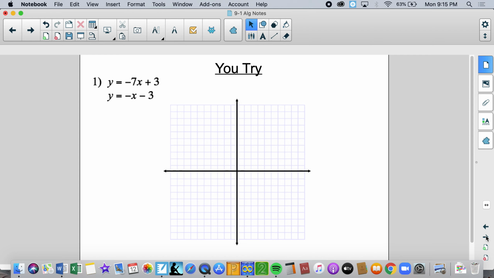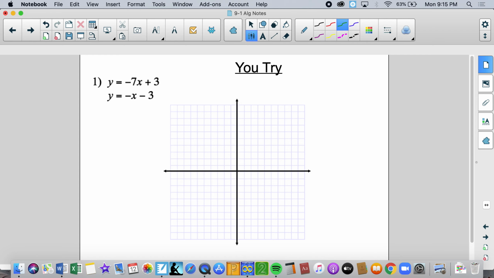So the first thing we need to do is find out what the slope is. The slope of this line is -7, and the y-intercept is 3. Let's graph that. Up 1, 2, 3. Slope of -7. Remember, -7 as a fraction is -7/1, so we're going to go down 7: 1, 2, 3, 4, 5, 6, 7.